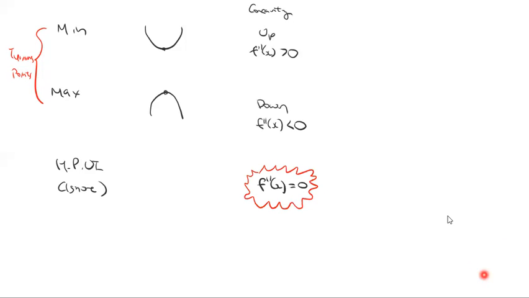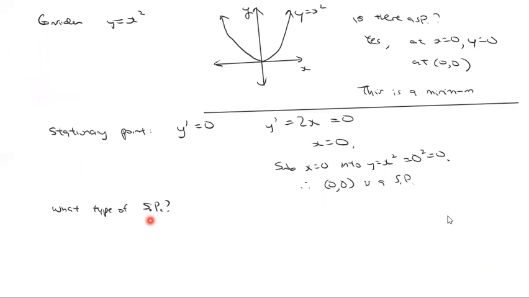But those warning signs normally don't get triggered in SL, so you probably don't need to worry too much about it, but I do have to tell you about it when we do it. So what type of stationary point? Well, we could either do method 1, which is use a table of values, and you guys have practiced already, but method 2 is simply use the second derivative.